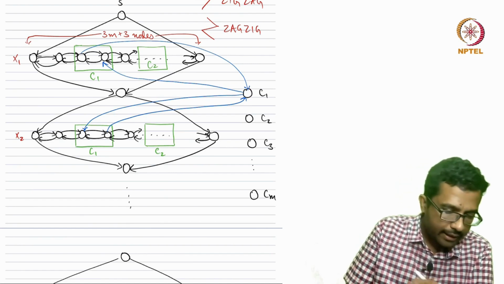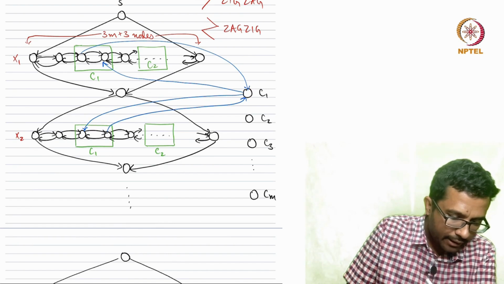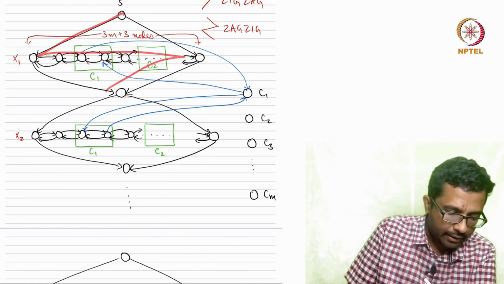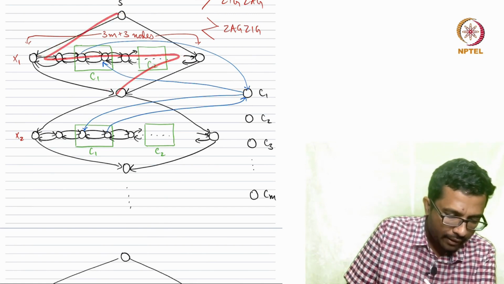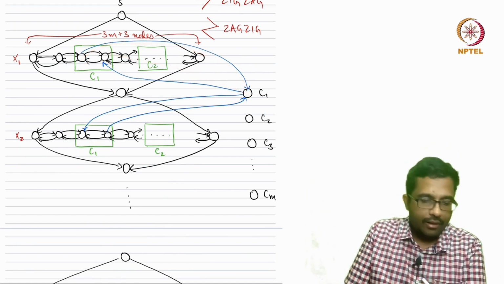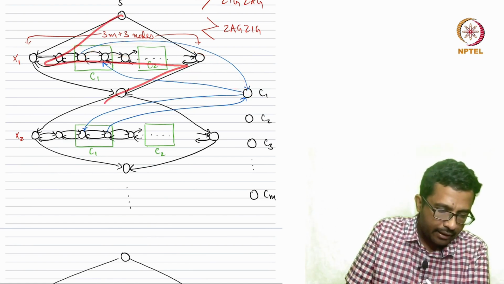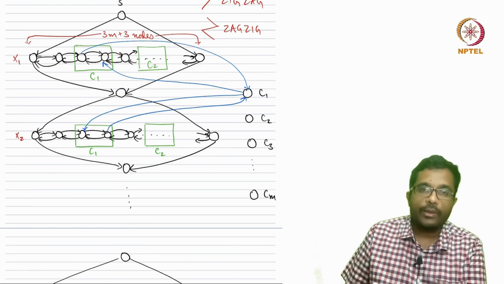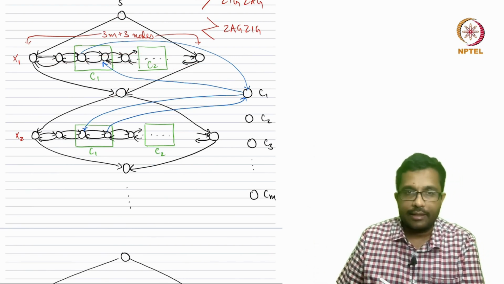So zigzagging means I can cover the clauses where x1 appears as the positive literal.